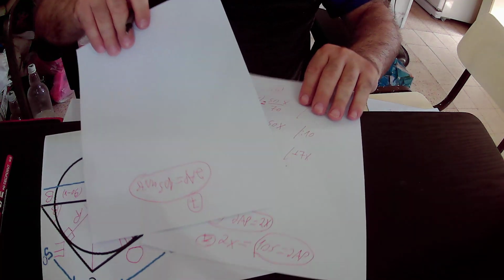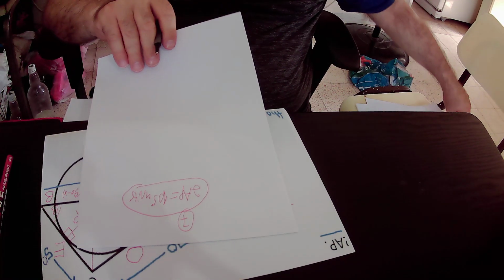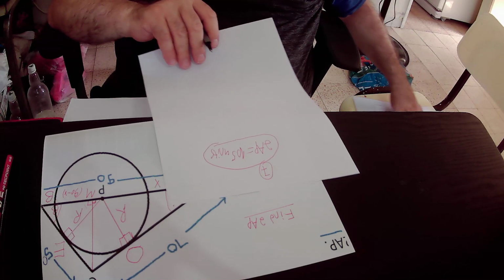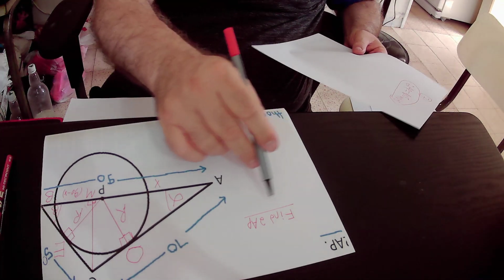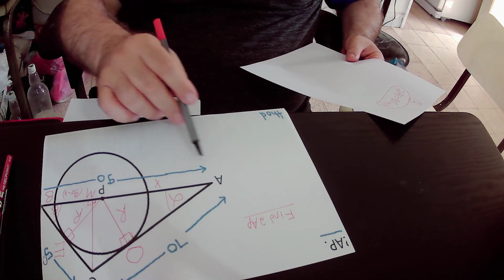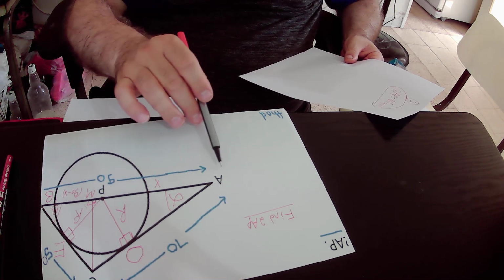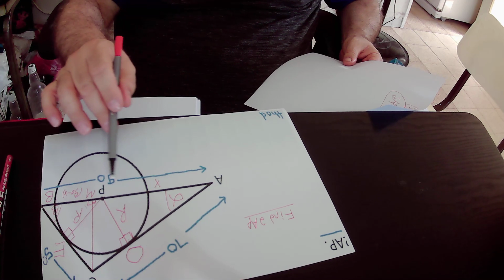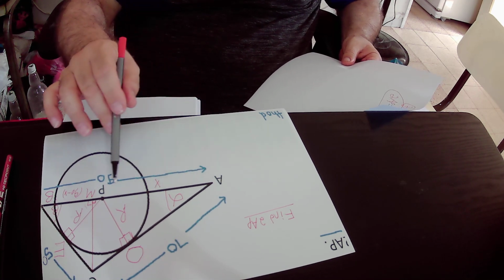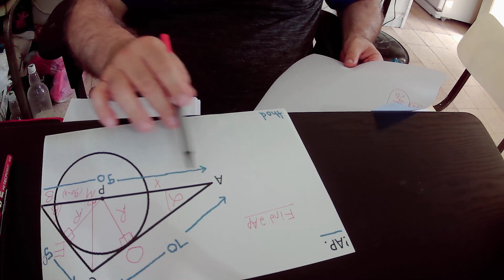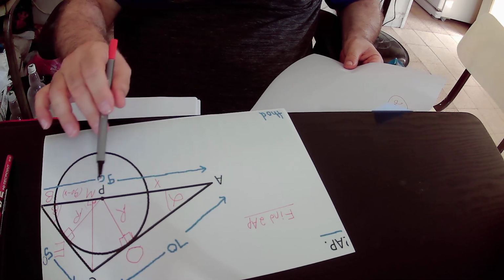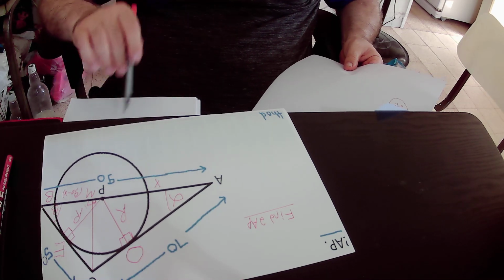Actually, the question was to find the value of 2 times AP, and our answer is that the value of 2 times AP equals 105 units, or the size of 2 times AP equals 105 units.